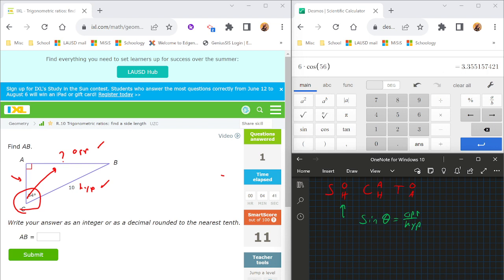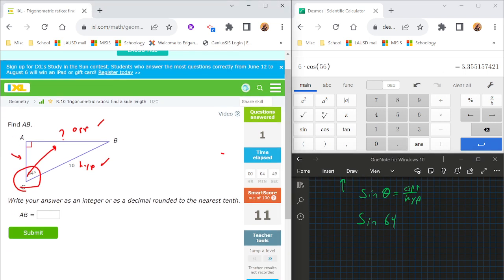You don't have to write this out, you got to be thinking it though. So that means I'm going to have sine of 64 degrees, because this is 64, I kind of covered it up there. So let's get that back visible. Equals opposite, which is going to be AB over 10.